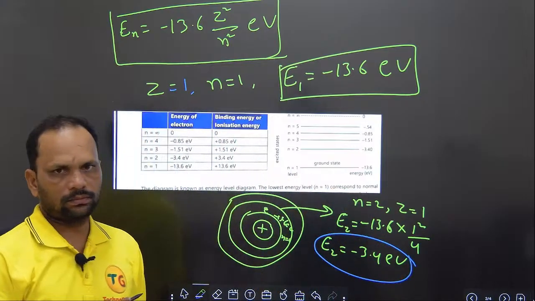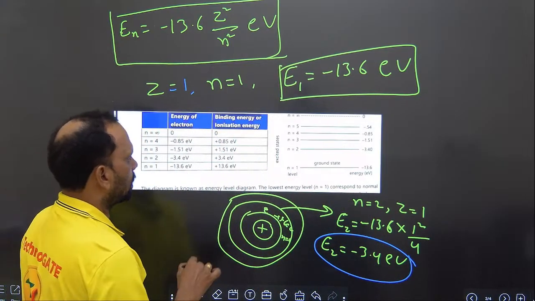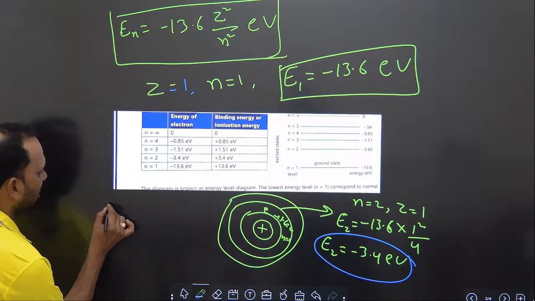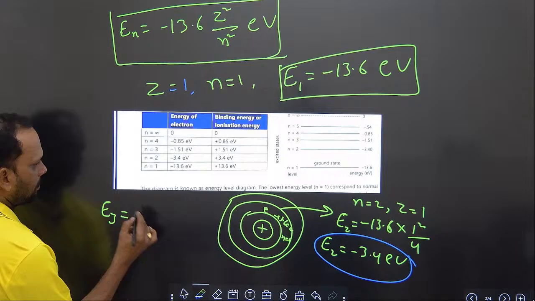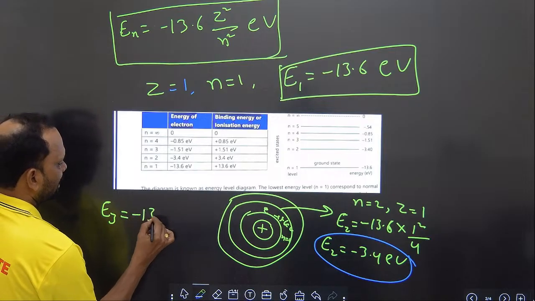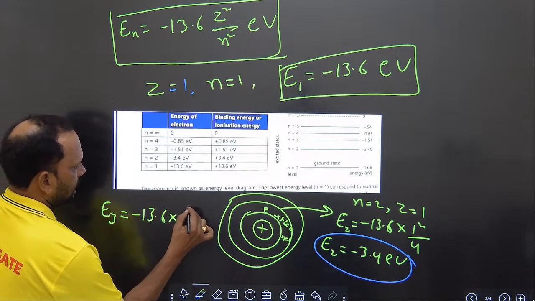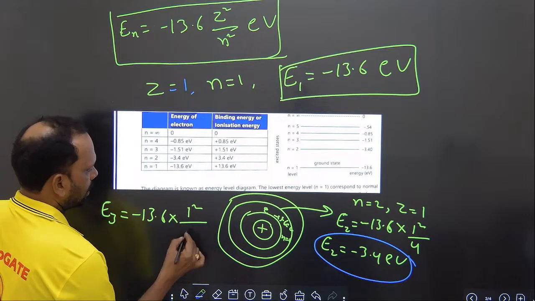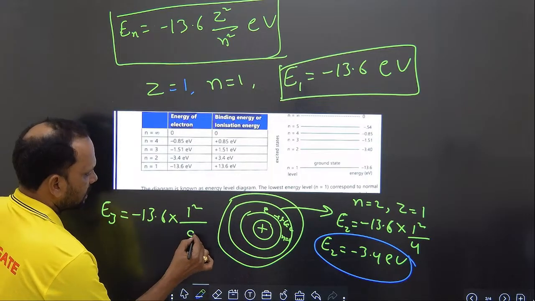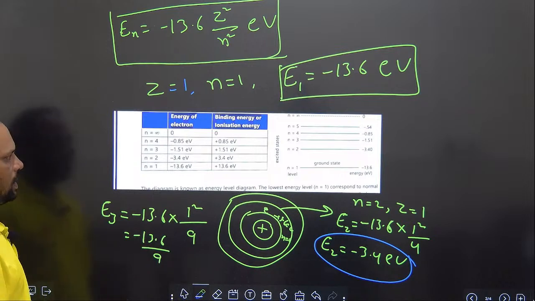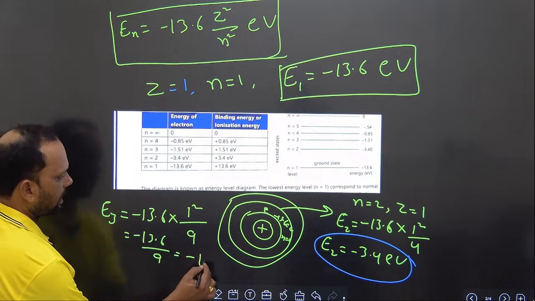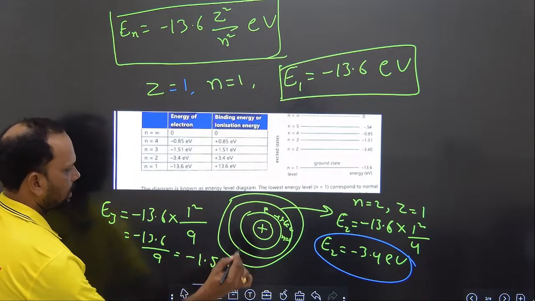Minus 3.4. Then what about the third orbit? Third orbit, E3 is equal to minus 13.6 into Z square, 1 square, by third orbit means 3 square. 3 square means 9. Minus 13.6 by 9. If we do this, we'll get minus 1.51 electron volts.